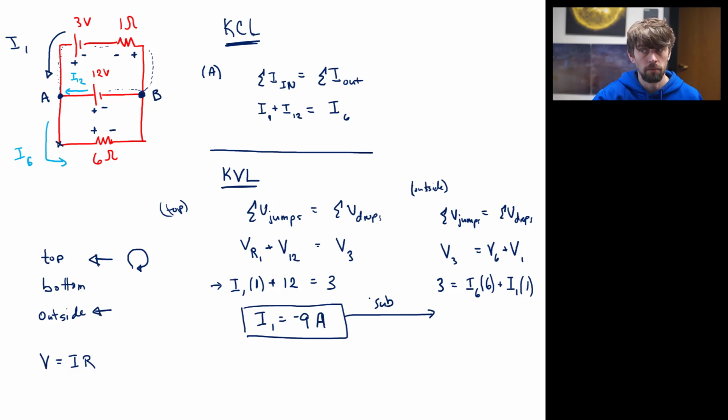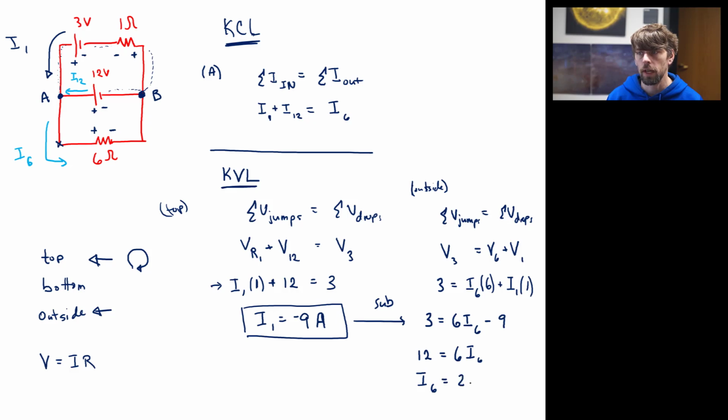So here, what we get is 3 equals 6I6 minus 9. And now we see that we can solve for I6. I've substituted in, I can solve for I6, move the 9 over to the other side. I get 12 is equal to 6I6, or that I6 is equal to 2 amps.